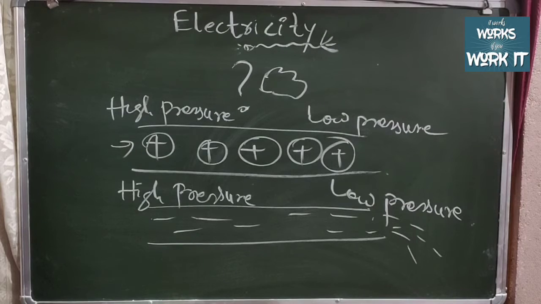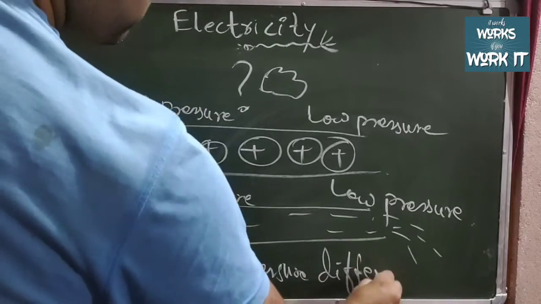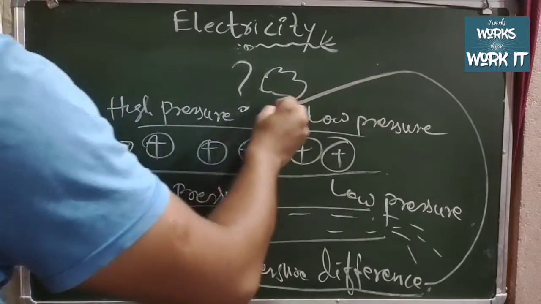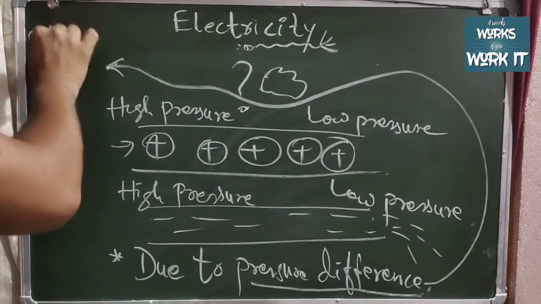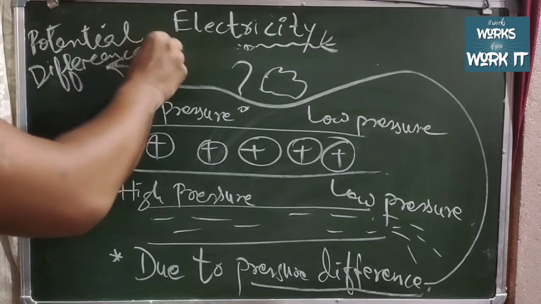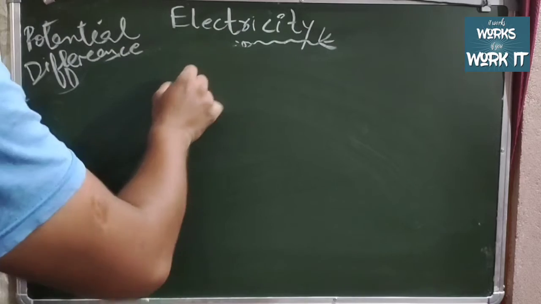In one part there will be high pressure and in another part low pressure, and due to this difference in pressure, the charges or water flow from one part to another. And this difference in the wire or in the charges is called the potential difference.